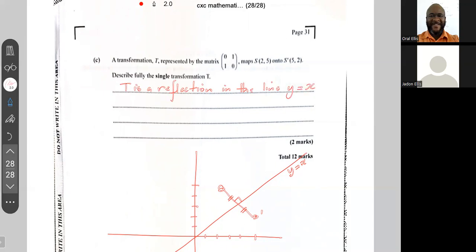So the transformation that interchanges the x and y coordinates of a point is a reflection in the line y is equal to x.